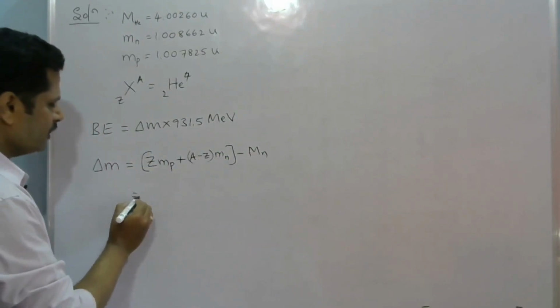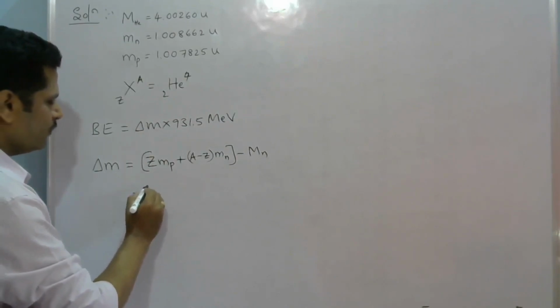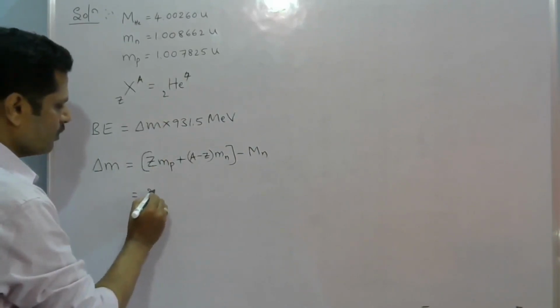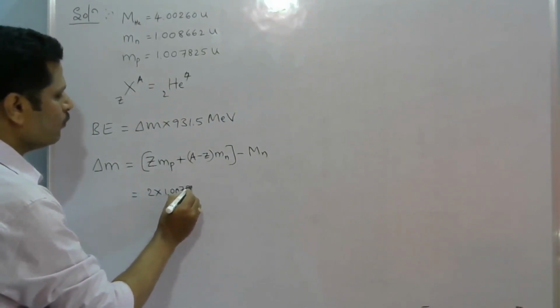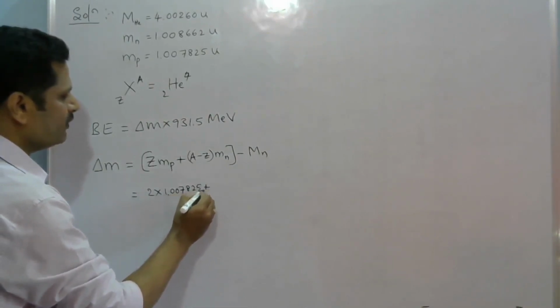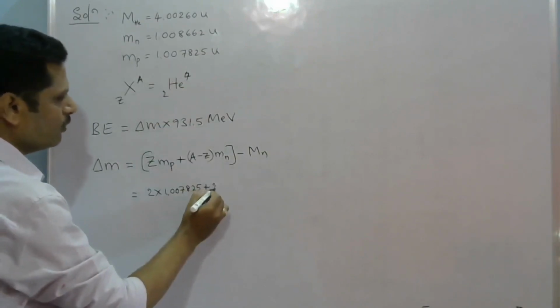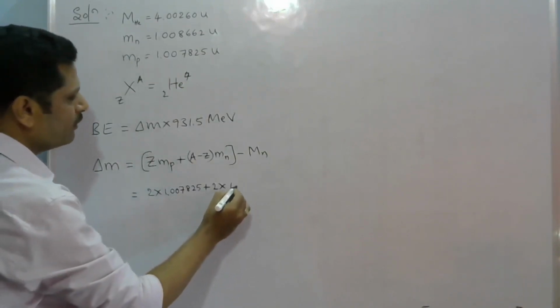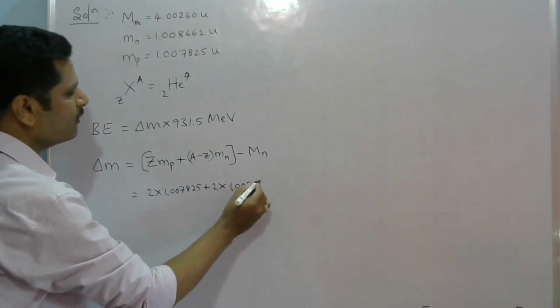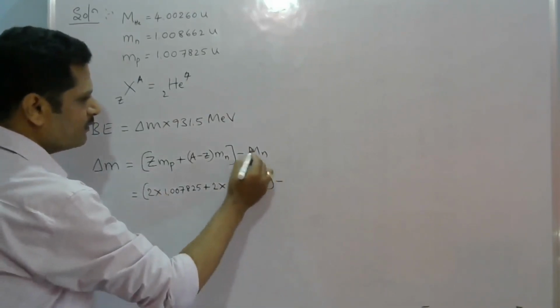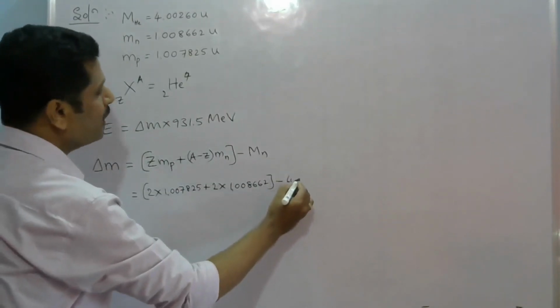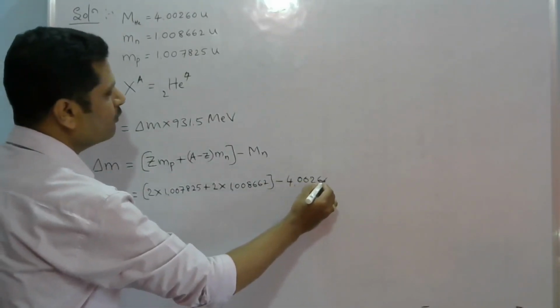Now on substituting the values, Z equals 2 and the mass of the proton is 1.007825, plus A minus Z, which is 2, times the mass of the neutron, 1.008662, minus the actual mass of the nucleus, 4.00260.